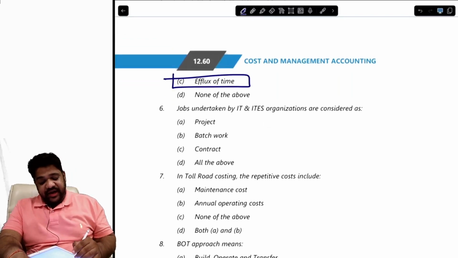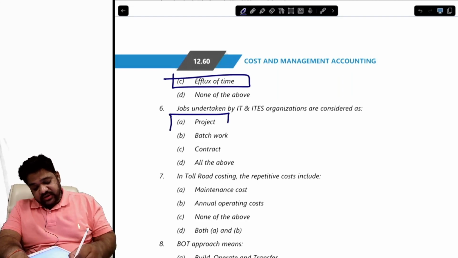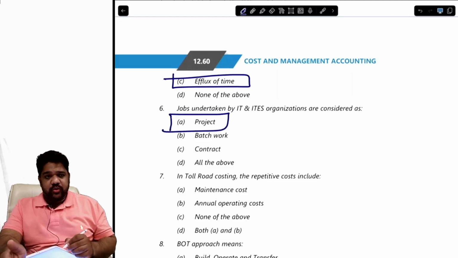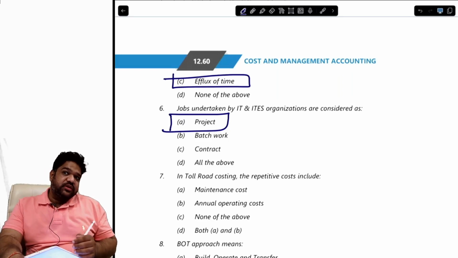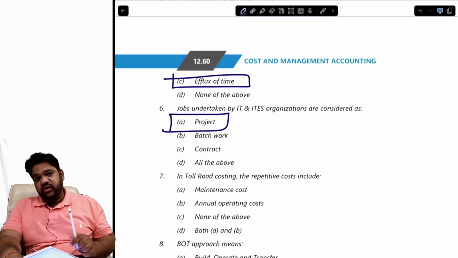Jobs taken under IT and ITES organizations are actually considered as a project. They're not batch work. It's not a contract. Not all of the above at all. Contracts are usually used with construction industries, but the IT industry calls it a project.